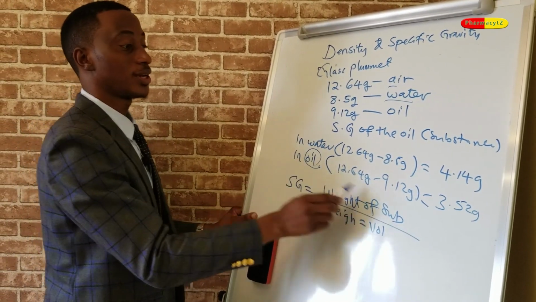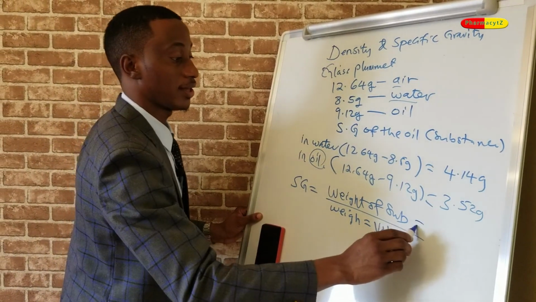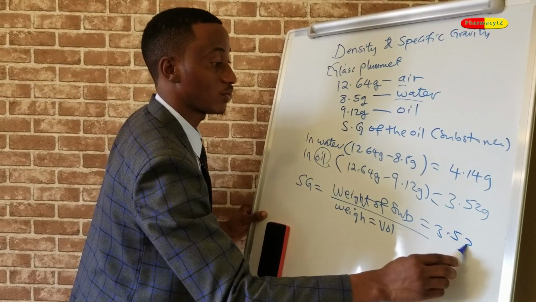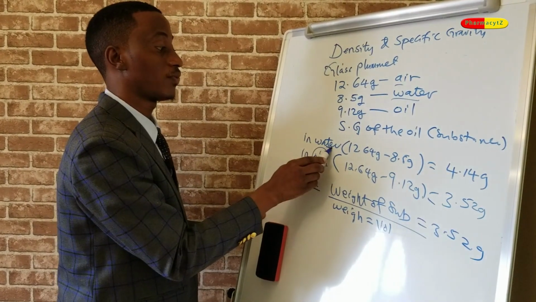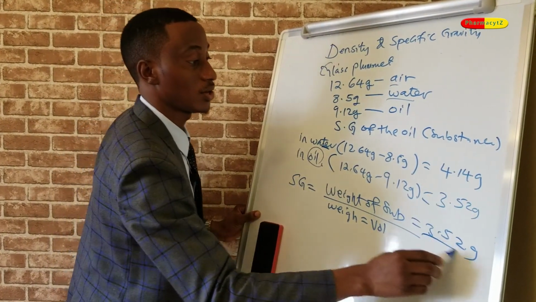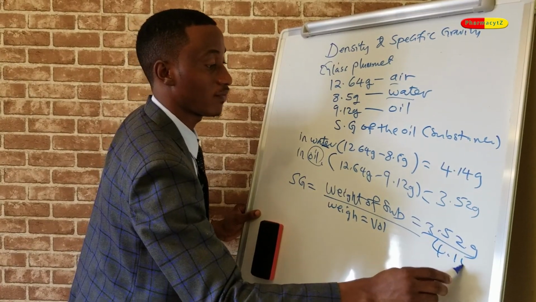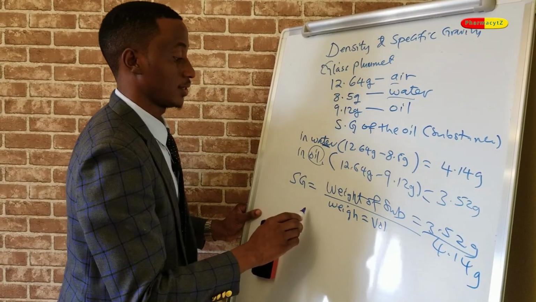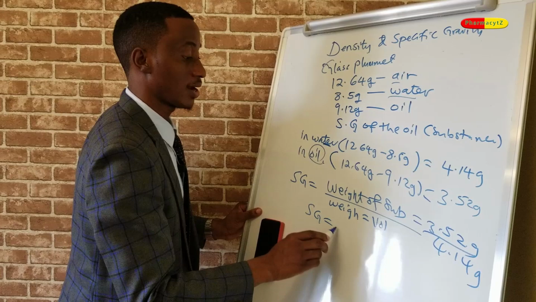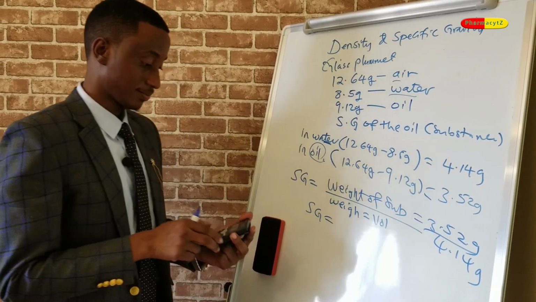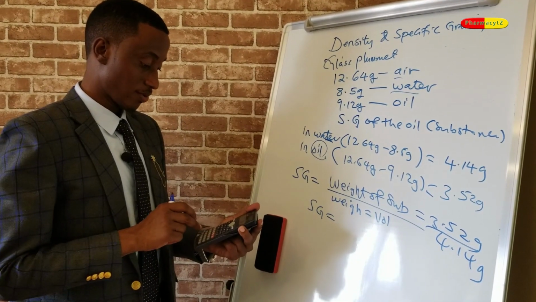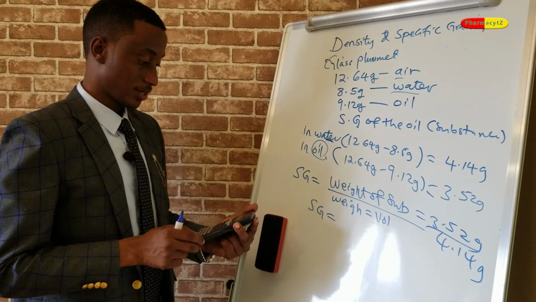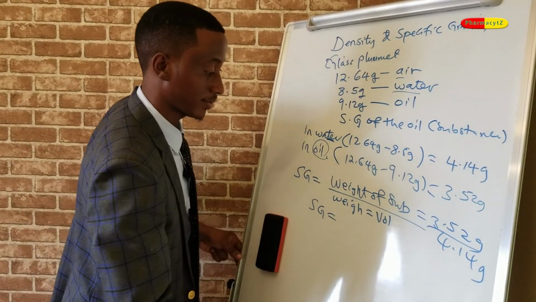The substance is oil. Then this is 3.52 grams. Then weight of equal volume of water, this is 4.14 grams. Therefore, the specific gravity is equivalent to what? 3.52 divided by 4.14. This is 0.85.